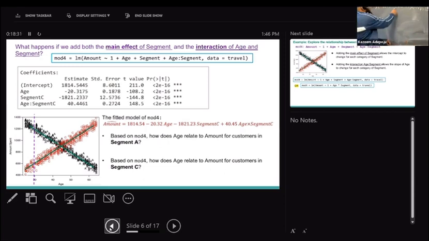What is going to happen? The new intercept is going to be this minus this. The new slope is the combination of the two.